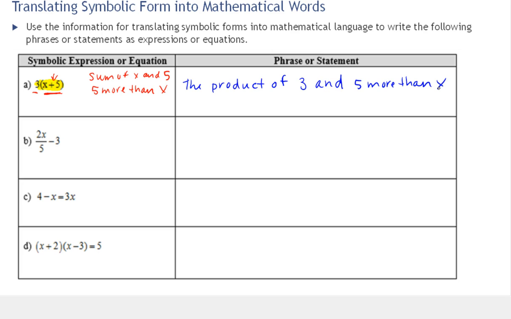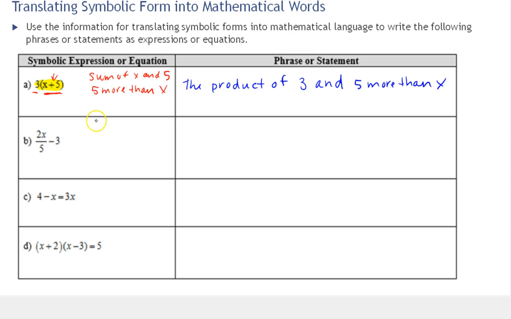Okay, let's look at the next one. So what operations do we have here? Well, there's a fraction, so we're going to call that a quotient. We have a minus 3, so we can use 3 fewer than in this case. And notice in the numerator we have 2 times x. We could use the operation, the product of 2 and x, but again, that can get a little complicated, so how about we use 2 times x like we did in previous videos.